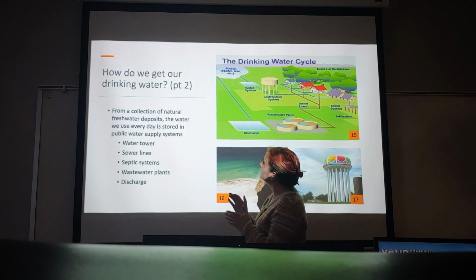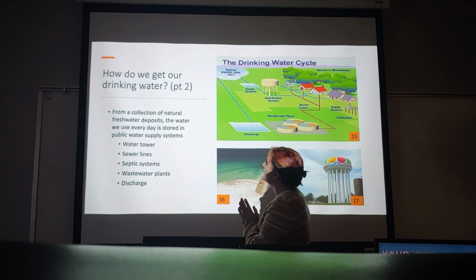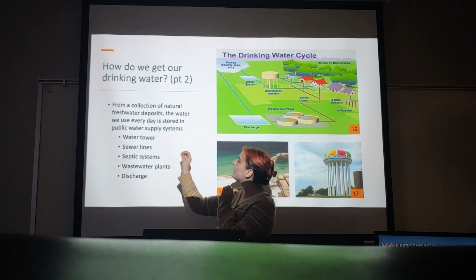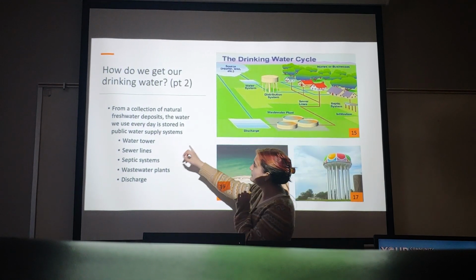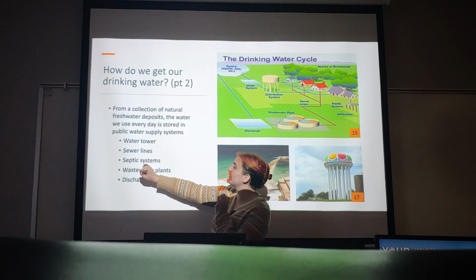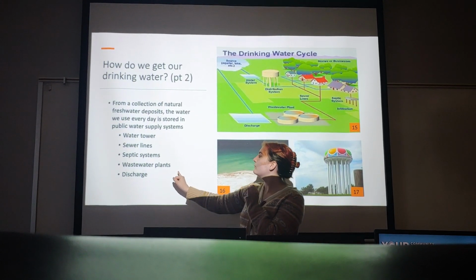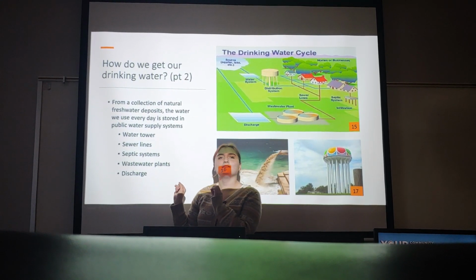From a collection of natural freshwater deposits, the water we use every day is stored in a public water supply system. This is the public water supply system. First it goes through a water tower, sewer lines, septic systems, wastewater plants, and then finally discharge.